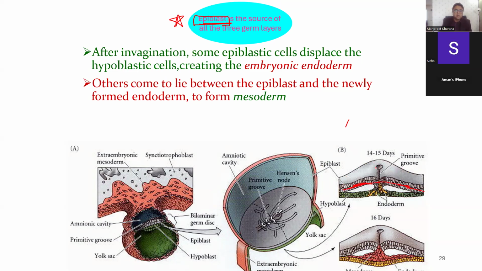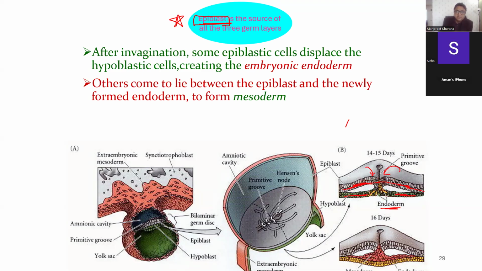Now some invaginations are occurring. The cells are migrating and going inside from this epiblast. If you see very clearly, the cells of the epiblast are replacing the cells of the hypoblast and giving rise to endoderm.